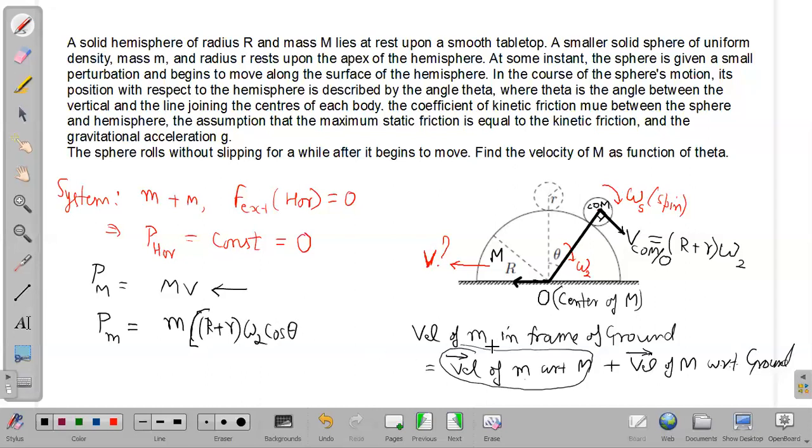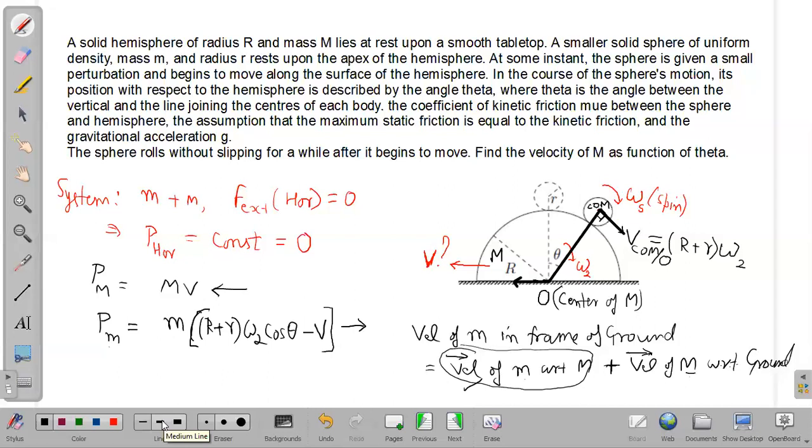That is the horizontal component of this relative velocity. And then I will add the velocity of capital M, but the velocity of capital M is to the left side, so it will be subtracted according to the law of vectors. So this is the linear momentum of mass small m in the horizontal direction towards the right side.